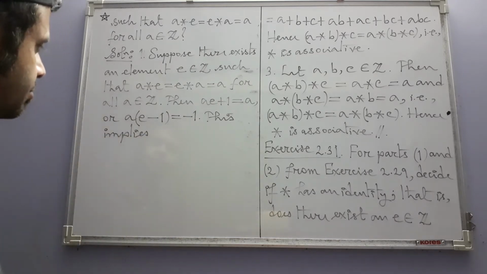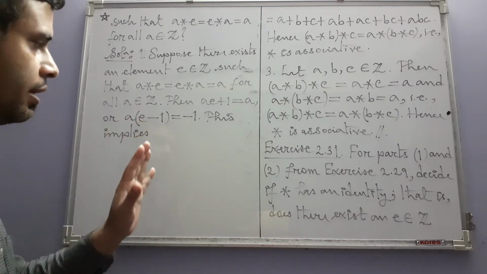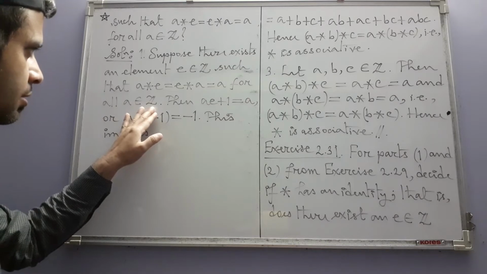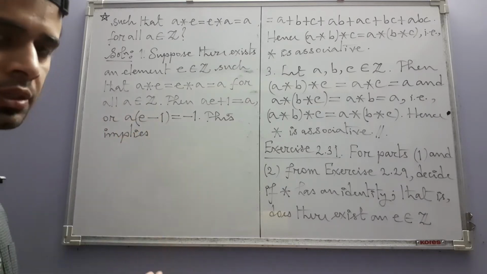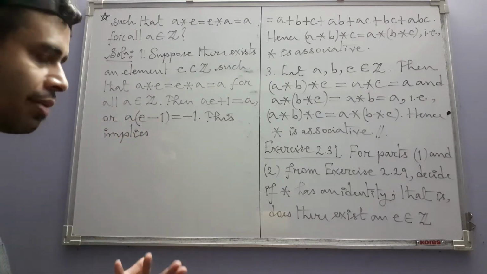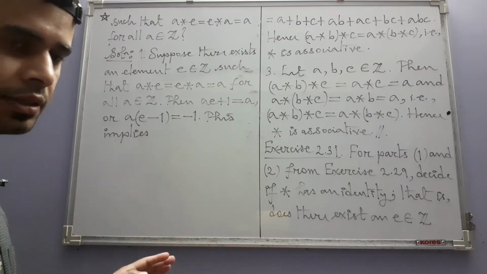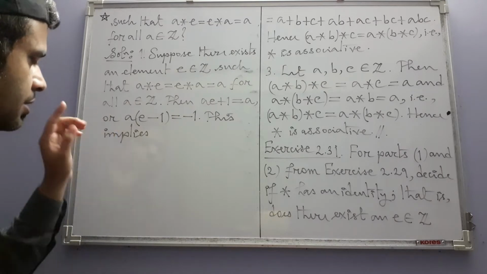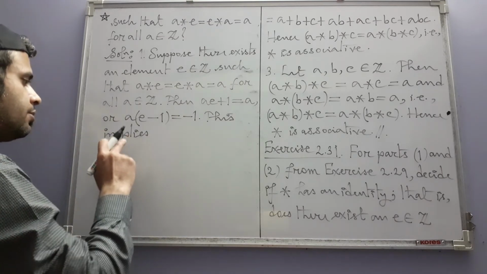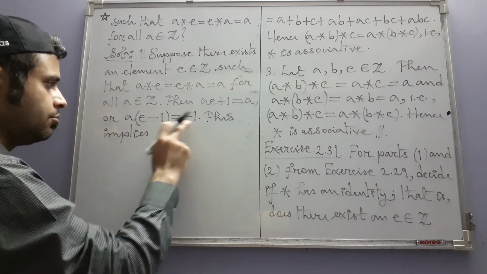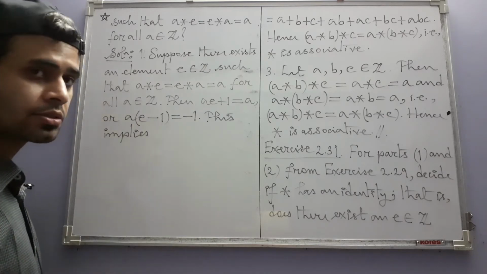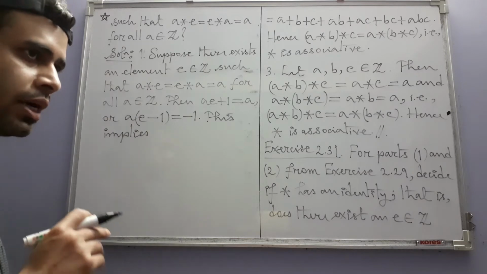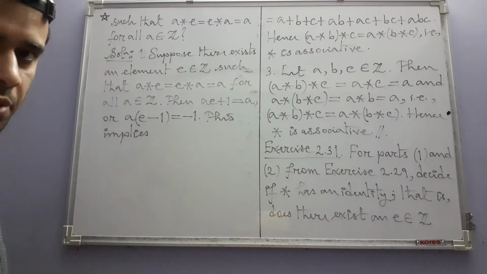note that a and e are both integers, and a in fact here is any integer, e is some integer, but still after all whatever they are integers. So you look at this equation. This equation tells us that the product of two integers is -1, and that is possible only when one of them is 1 and the other is -1.